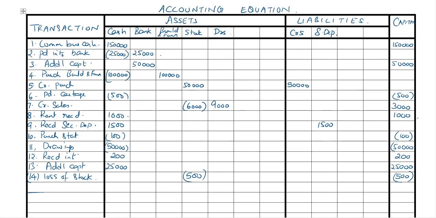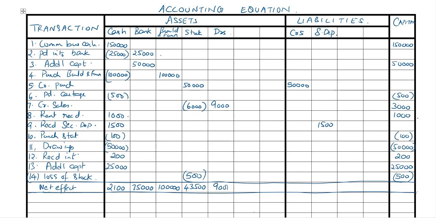Let's find the net effect. Net effect, the cash net is 2,100. For bank it's 75,000. For building and furniture it's 1 lakh. For stock it is 43,500.